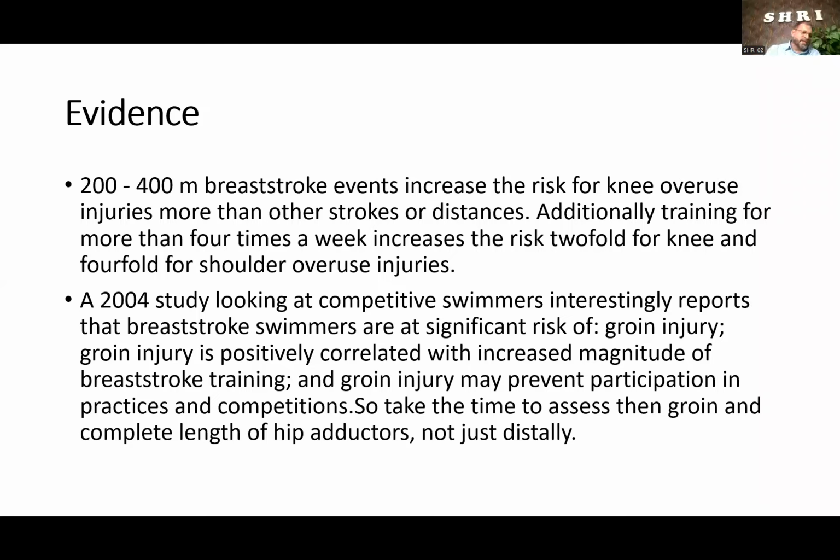The other study, looking at competitive swimmers, interestingly reports that breaststroke swimmers are at significant risk of a groin injury. So, as I told you all earlier, when breaststroke swimmers present with medial knee pain, we have to address the groin also to see whether they have any groin injuries.